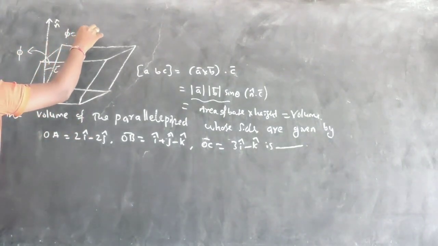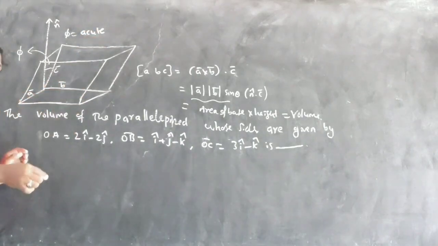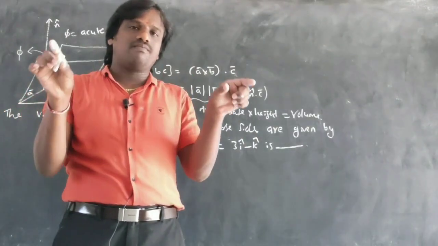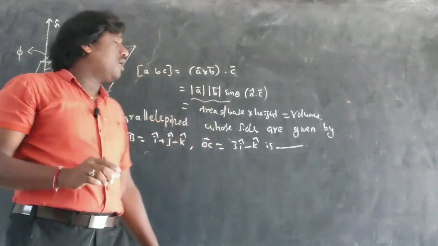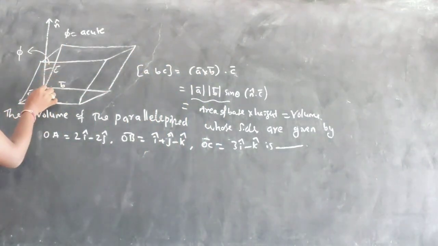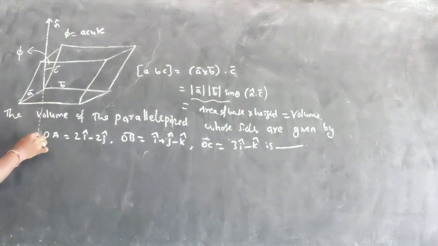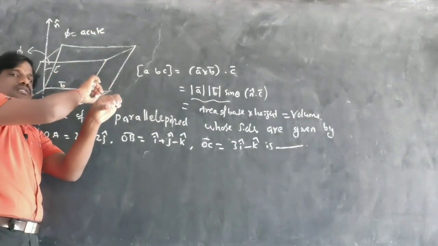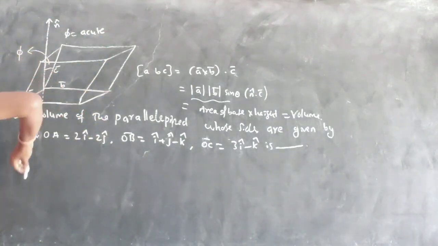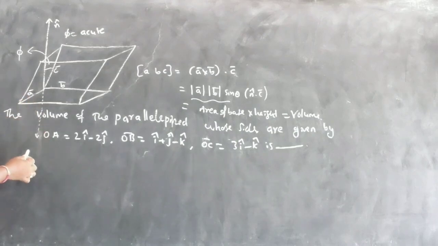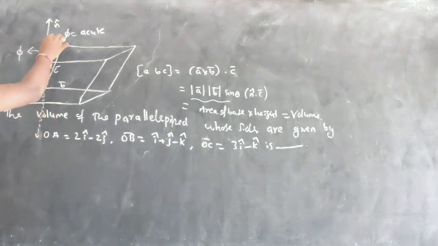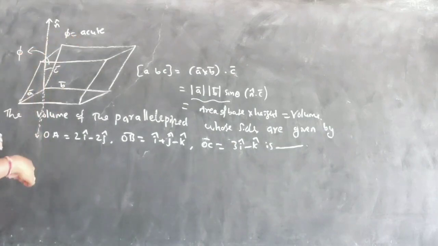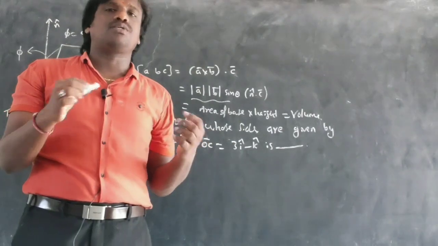And if this angle is acute, then the volume will be positive. But it may also happen downwards, because A cross B comes this side or maybe this side. When it comes downside, it is making an obtuse angle.